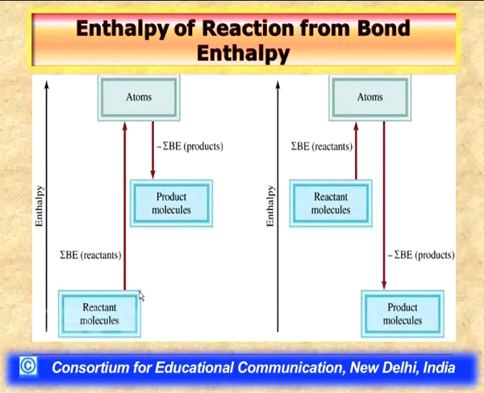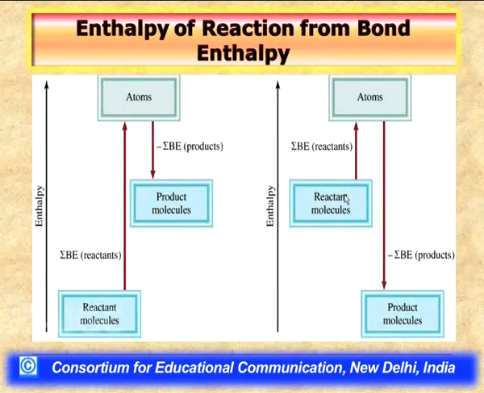There is one path where the reactants directly transform to products, but we can theoretically consider another path. That path is that the reactants undergo dissociation, forming gaseous atoms, and then these gaseous atoms combine in a different manner and form different chemical structures, which are known as products.